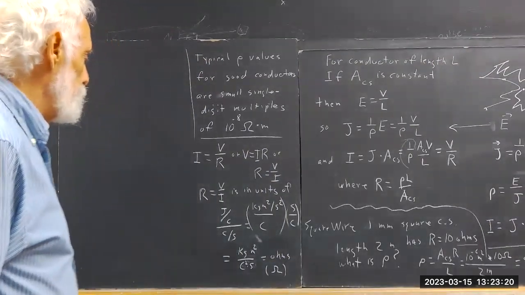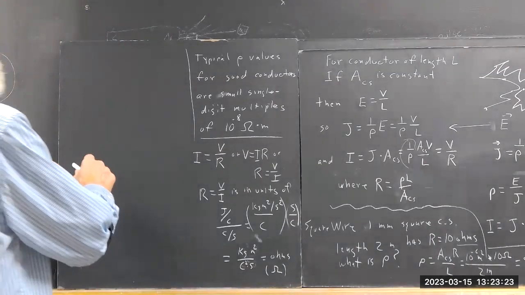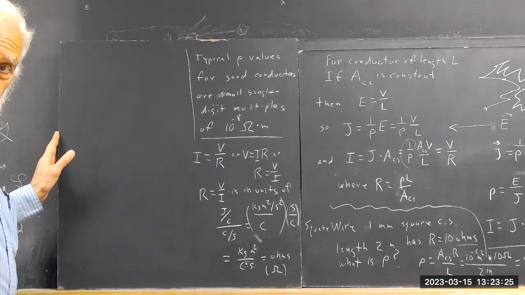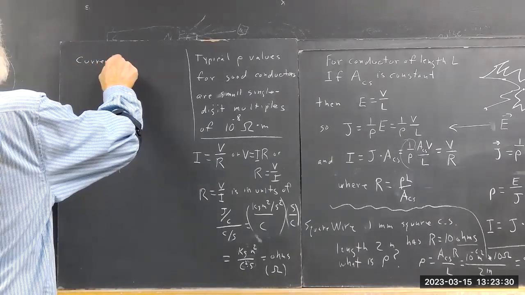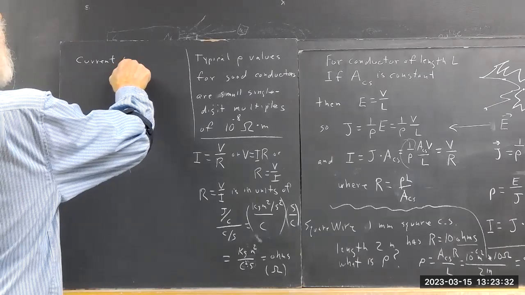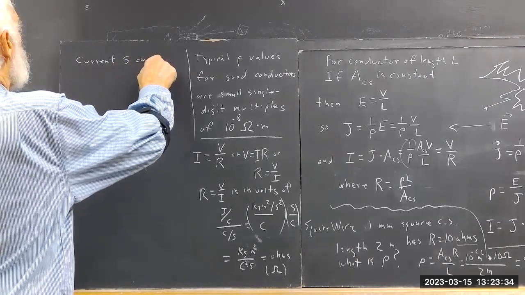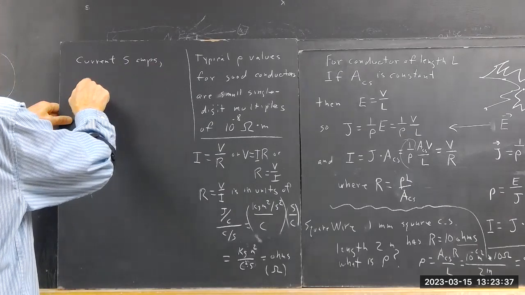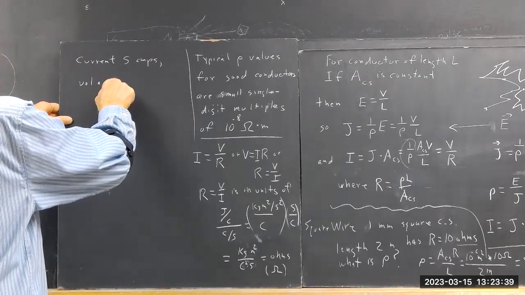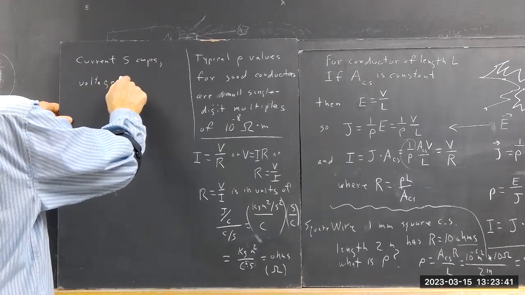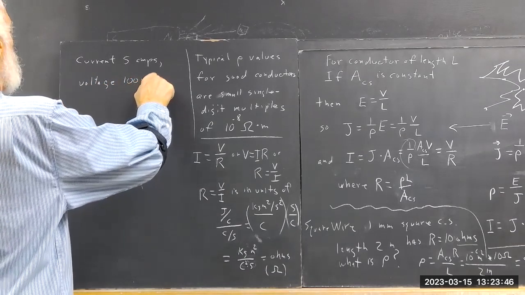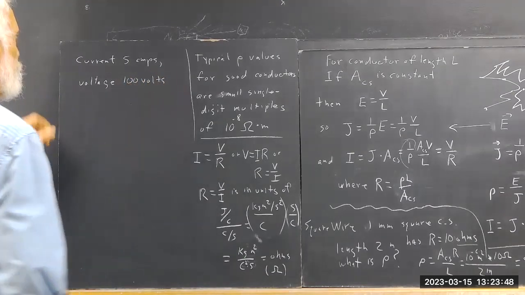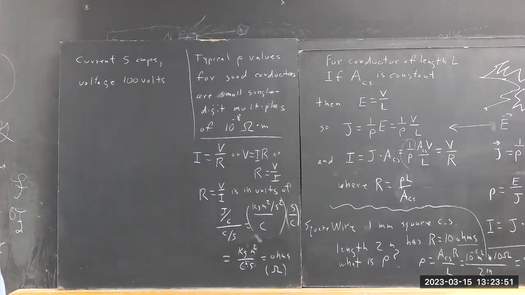Okay, let's say you've got a current of five amps, voltage 100 volts, and some power.